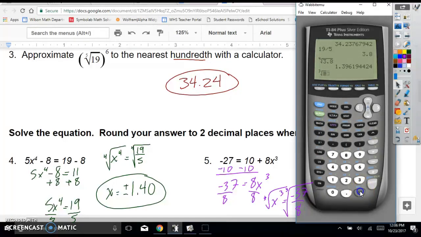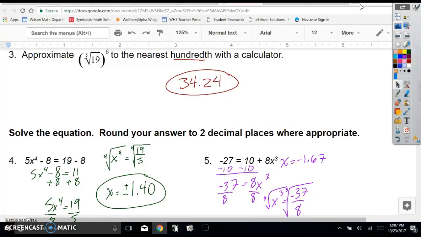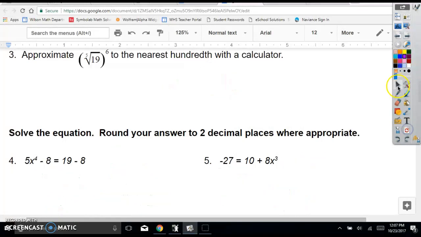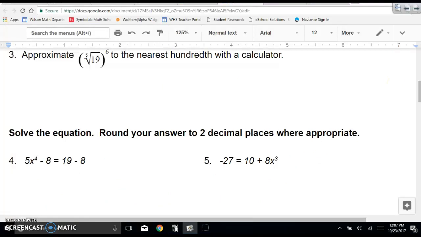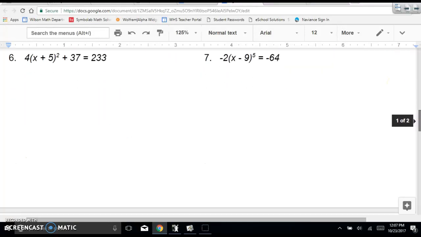And then I'm going to have -37 divided by 8. Okay. And again, we got to round this to the nearest hundredth, so this x value is -1.67. Okay. So there's your first 5. Moving down here, that was an odd root, so notice there was only one answer. Didn't need a positive, negative.